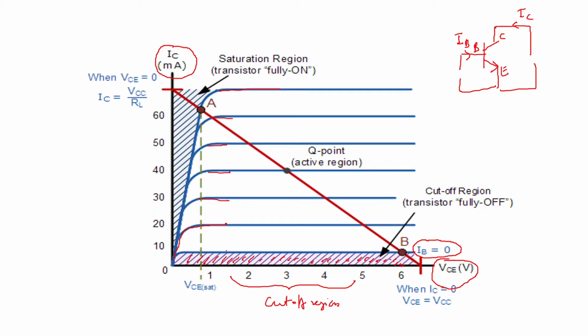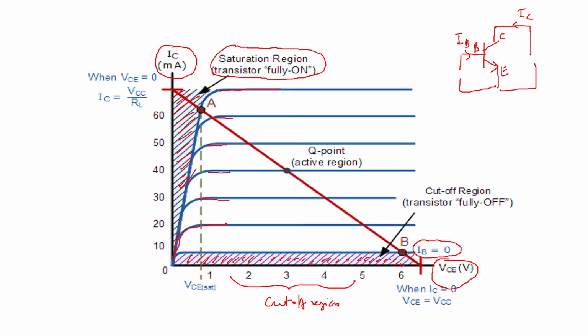Now initially when the input current is applied and as the output current varies, it increases initially and then remains constant. That area is your saturation region. There we say that the transistor is fully on.